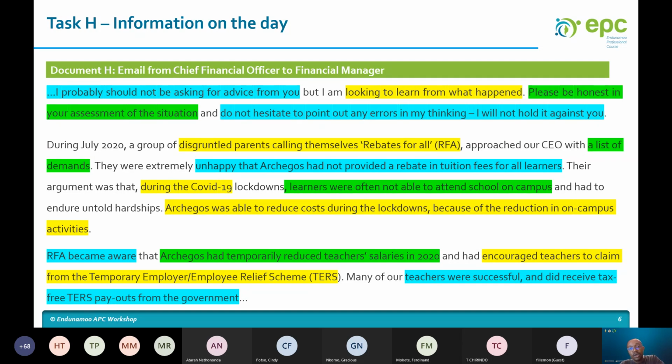Now, going back to this, you ought to have thought about, well, 2020 was an unprecedented year, right? If you think about the COVID-19 pandemic, many learners, many students spent a considerable amount of time learning online, those that could learn online.